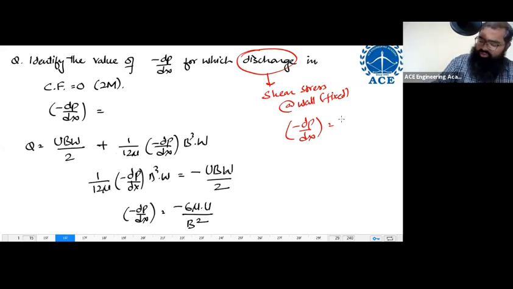If you check this value, it should become equal to -2 mu u upon B square. If you are not getting it, try again. You will get it later. This is regarding the concept of Couette flow.